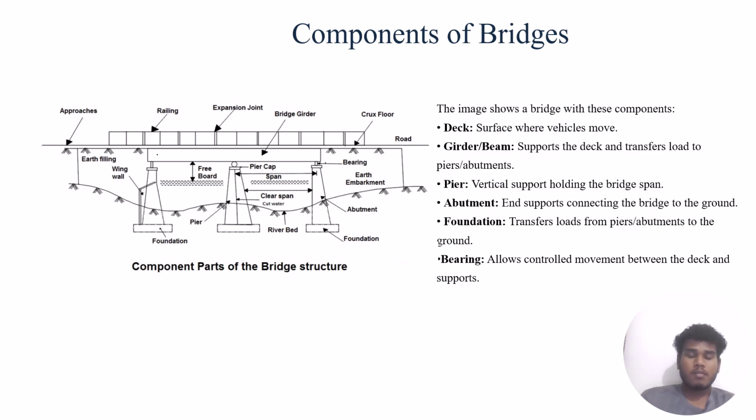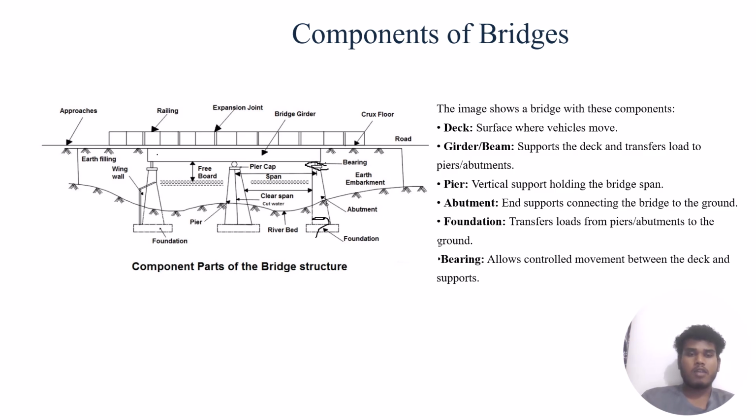Then the main component of the bridge is the bearing. Bearing allows controlled movement between the deck and the supports. So these are the supports, meaning piers. So this is the pier, and here it is the bearing. So what is the use of bearing?